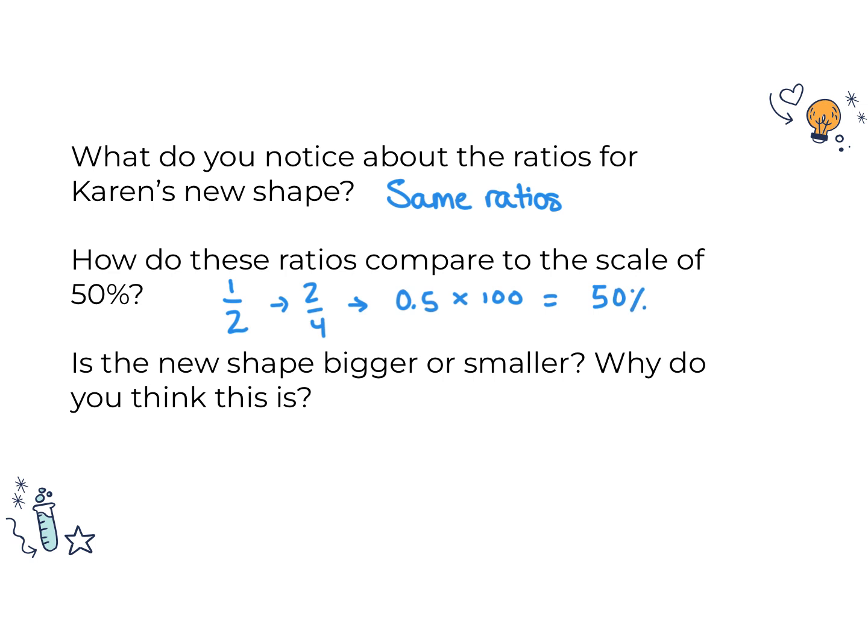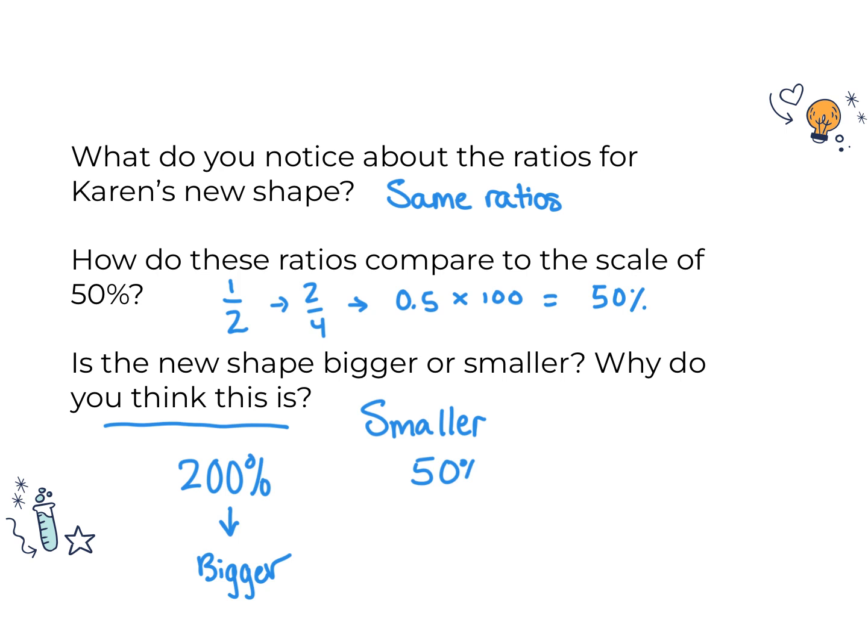Lastly, is the new shape bigger or smaller? It is smaller. Do you know why? What do you think? Let's take a look at this. When we had a ratio of 200%, our shape got bigger. When we had a ratio of 50%, our shape got smaller.